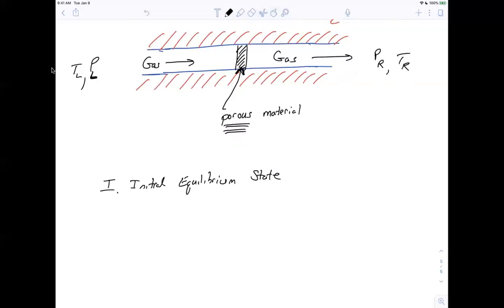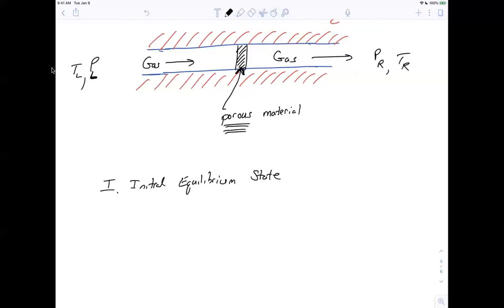You're following some amount of volume from the left. It doesn't matter what that exact volume is. Just imagine you can somehow isolate that little plug of gas, and all you're going to do is watch it as it goes through the porous plug and then goes through the other side.